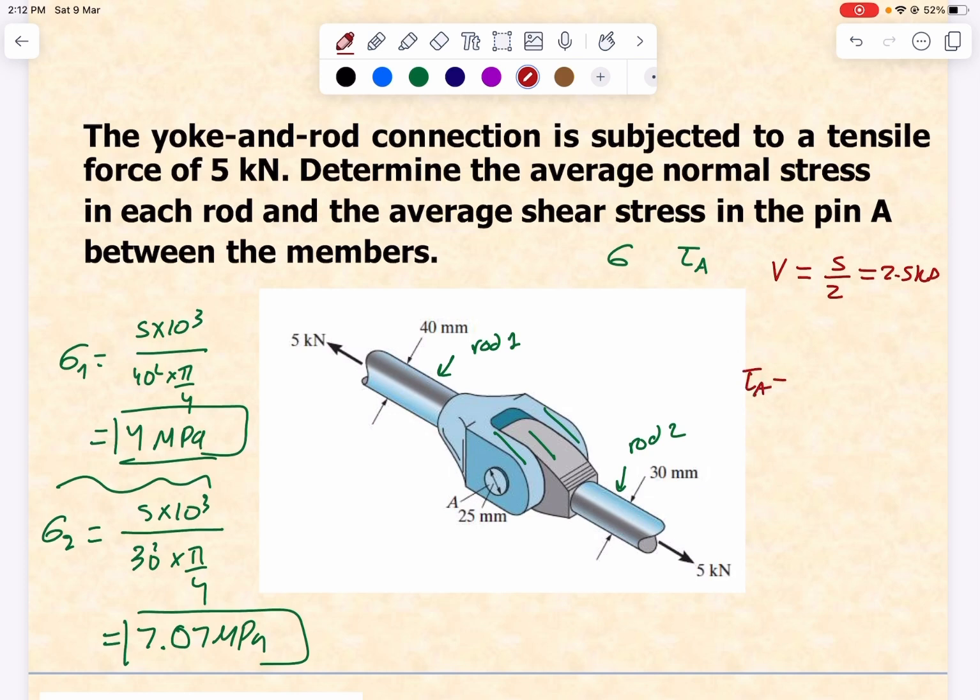So tau in A is 2.5 kilonewtons over the area, and here we are given the diameter. So the average shear stress is 5.1 megapascal.